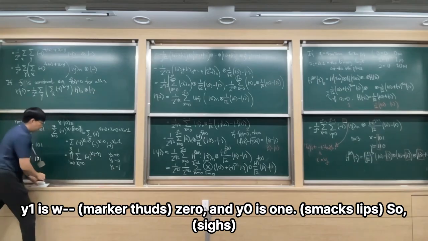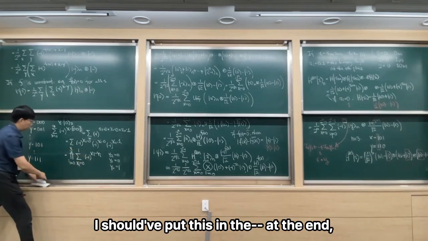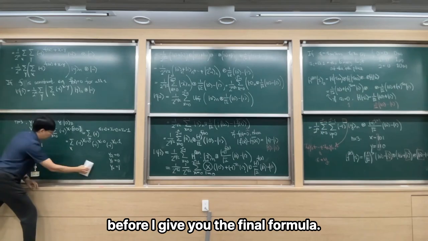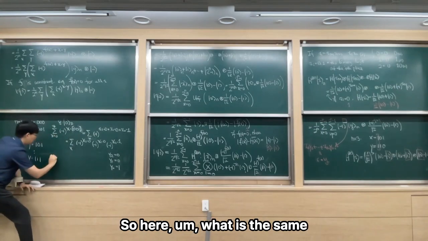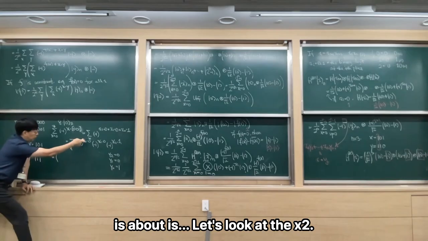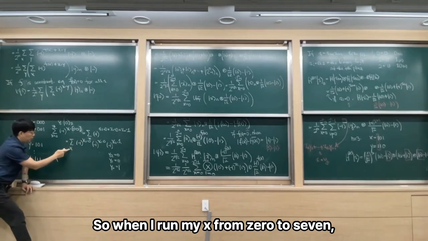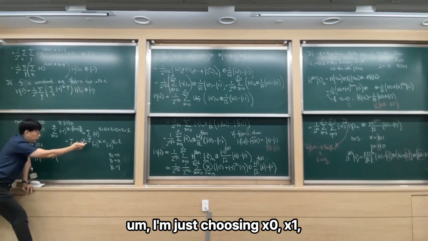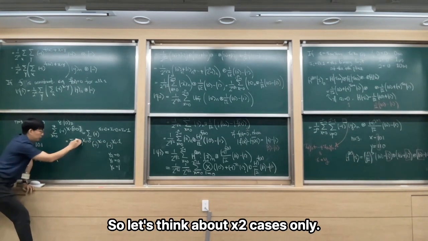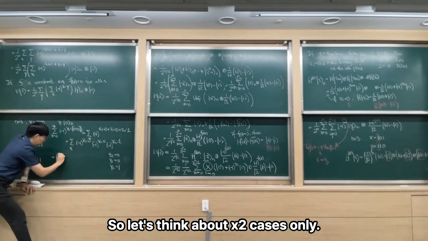So I should have put this in at the end, but let's have one more step here before I give you the final formula. So what this is saying is, let's look at the x2. When I run my x from 0 to 7, I'm just choosing x0, x1, x2 between 0 and 1, right? So let's think about x2 cases only.